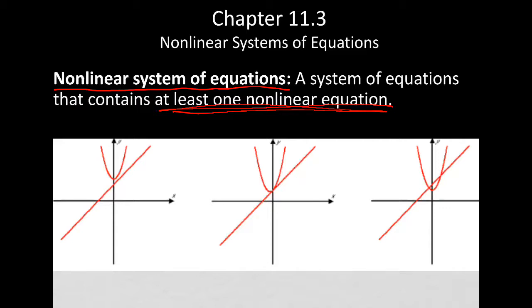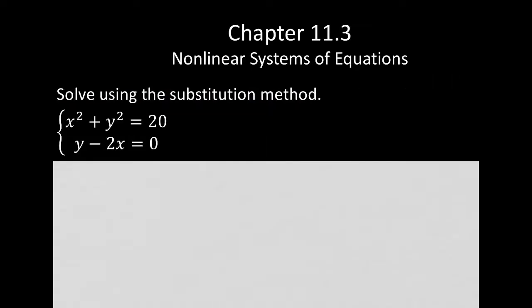Okay, let's look at our first example here. And spoiler alert, we'll probably use the substitution method to solve this particular nonlinear system. If we're looking at this first equation, x squared plus y squared equals 20, we've got two options there.